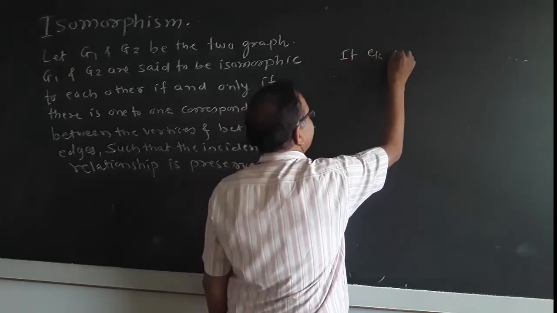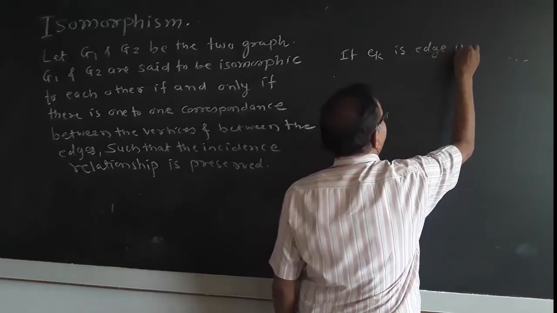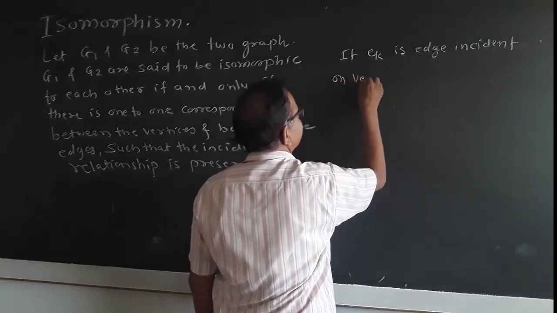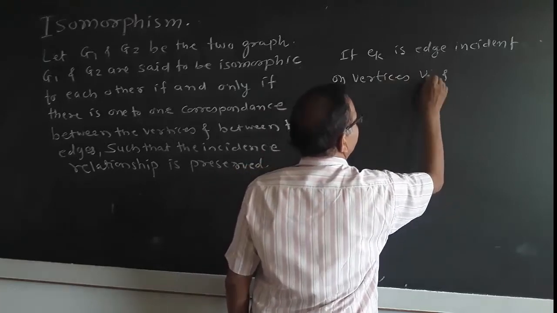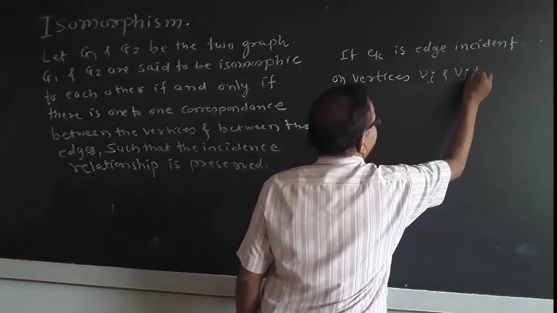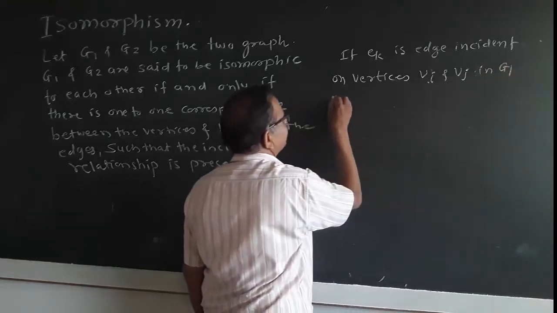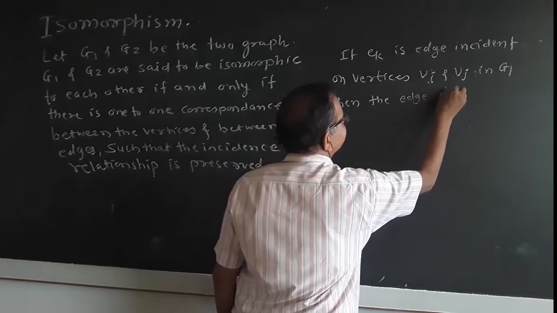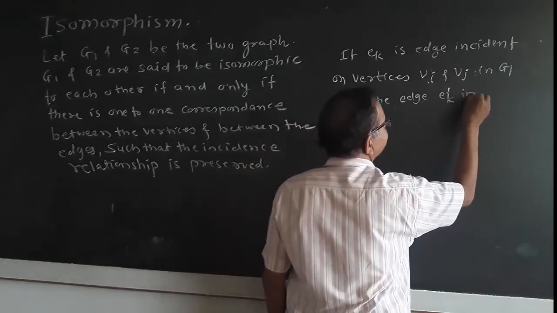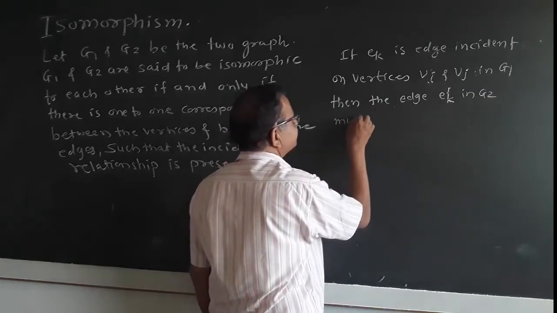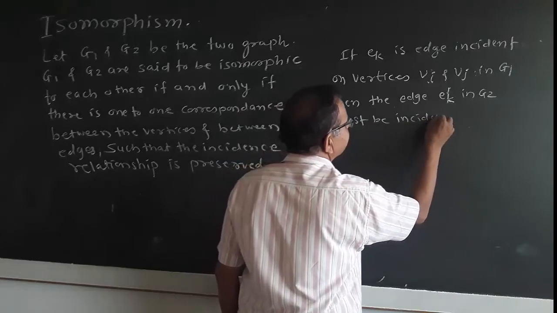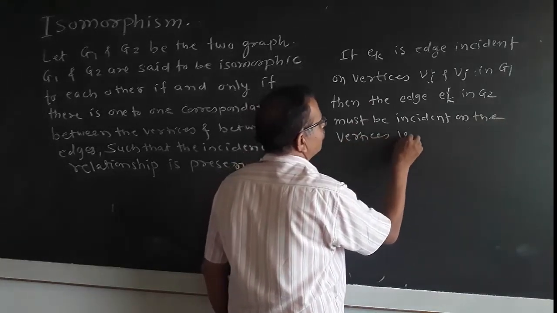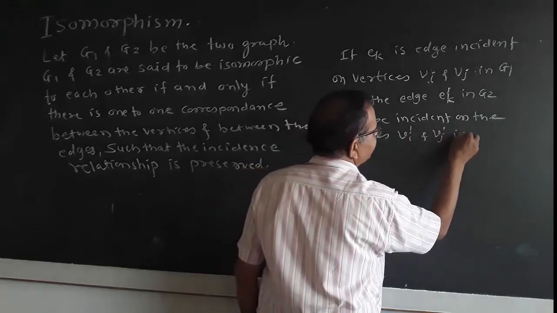If Ek is an edge incident on vertices Vi and Vj in G1, then the edge Ek dash in G2 must be incident on the vertices Vi dash and Vj dash in G2.